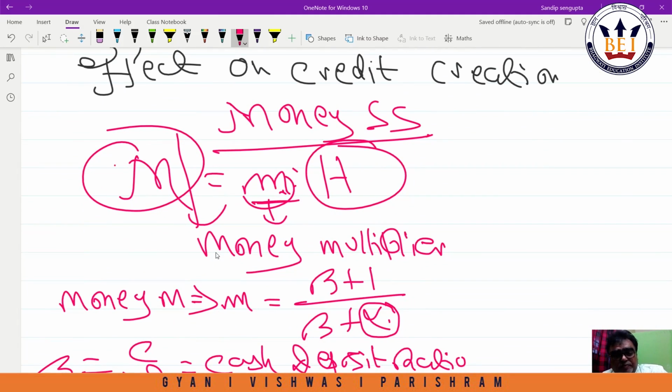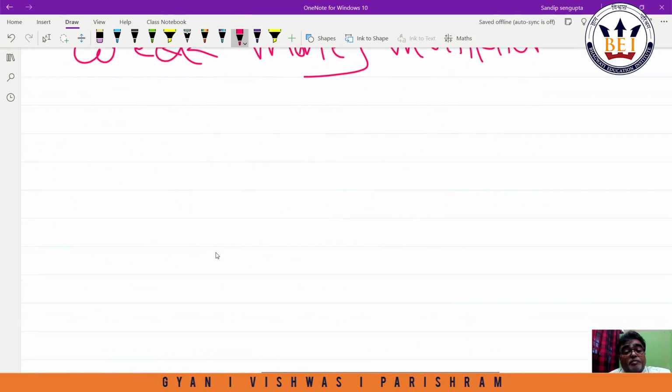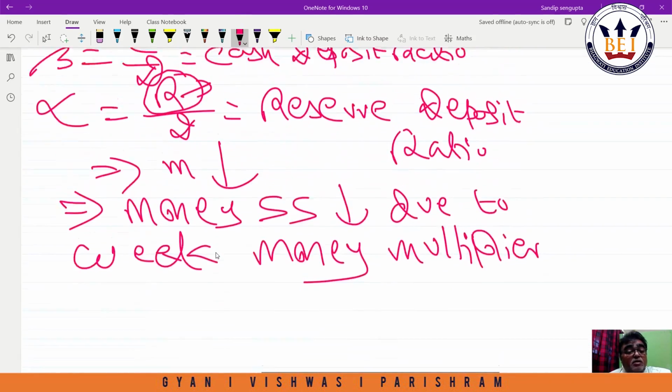That is capital M equals small m into h, and small m is the money multiplier, and under this alpha is there, so it is also part of the credit multiplier. Money multiplier comprises credit multiplier.